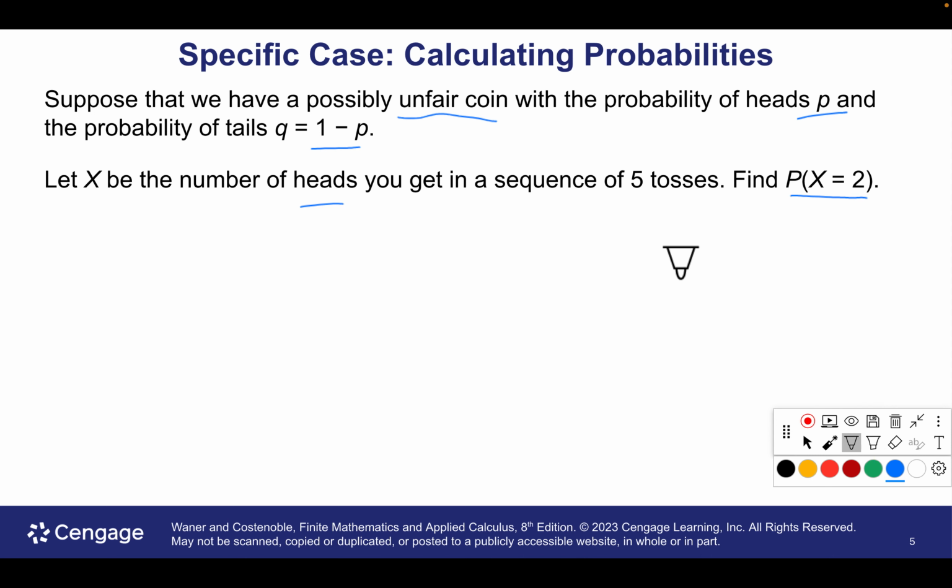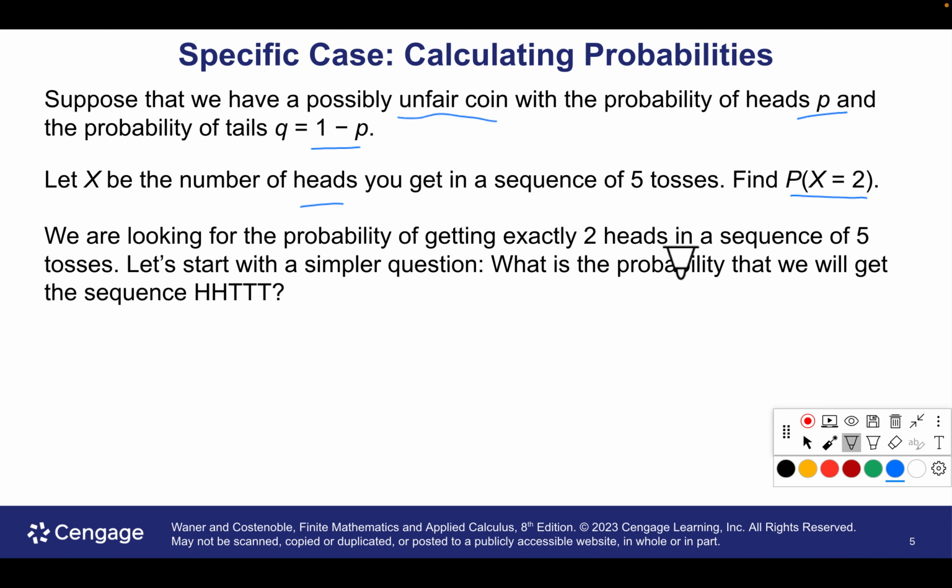So how many different ways can we get 2 heads? I remember we did something similar to this. What do we need to do first? We need to count all the ways we can get 2 heads, right? So we have to start listing all the possible series of 5 flips.